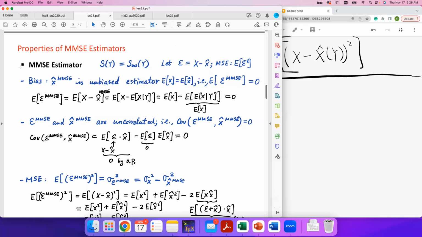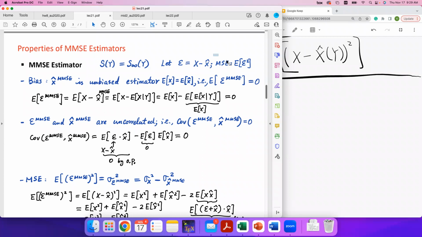So we first look at the MMSE estimator, which means that the estimator class is unconstrained. And we care about the estimation error, which is the difference between the underlying random variable and your estimated random variable. So this epsilon is again a random variable that corresponds to a difference of these two.